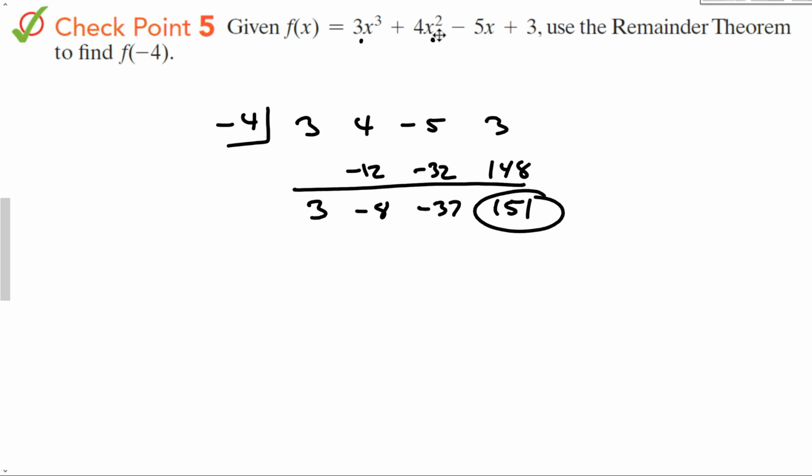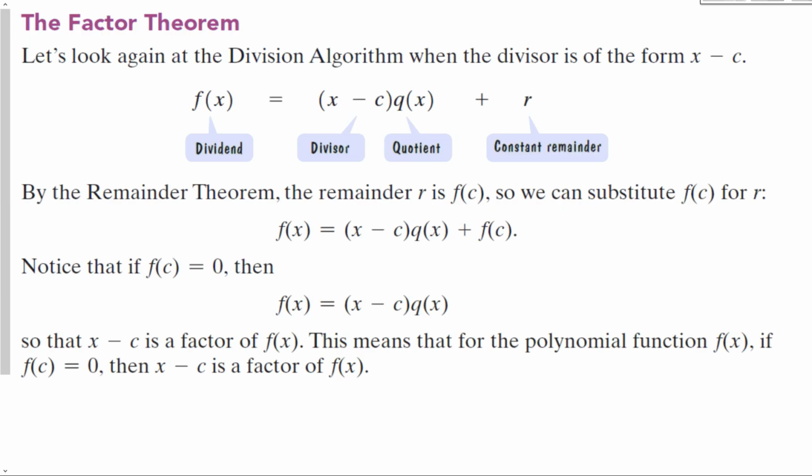Okay. Next is something called the factor theorem. So let's look again at the division algorithm when the divisor is of the form x minus c. We've seen this a couple times already. My dividend equals the divisor times the quotient plus the remainder. By the remainder theorem, the remainder r is f of c. So I can replace this r with f of c.